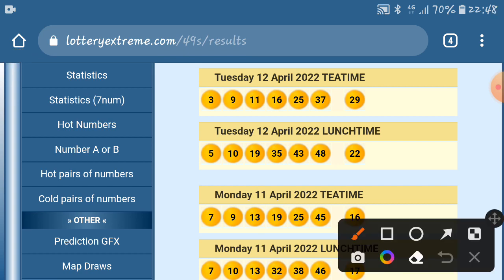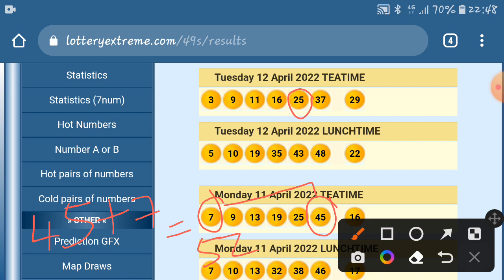The big numbers and the small number, they always surprise you. 7 and 45. 45 plus 7 equals 52. We have 25.